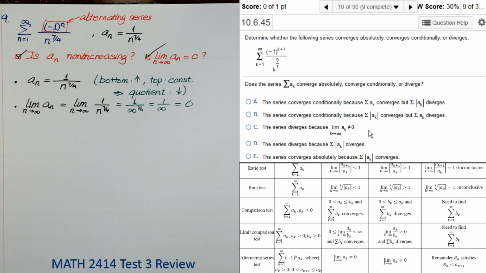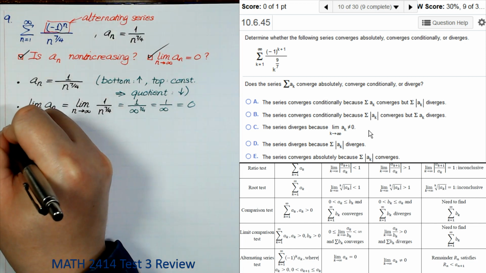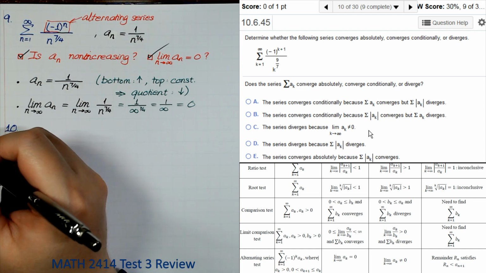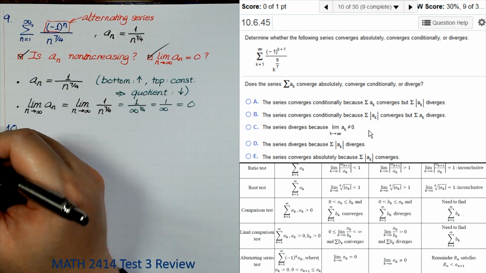Right, the next one, number 10. This one we test for absolutely convergent, conditionally convergent, or divergent.